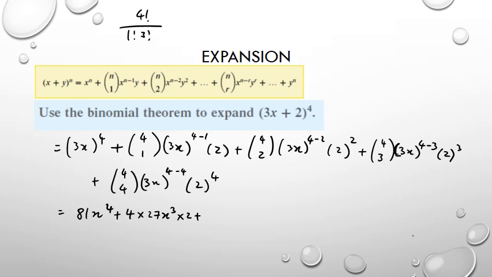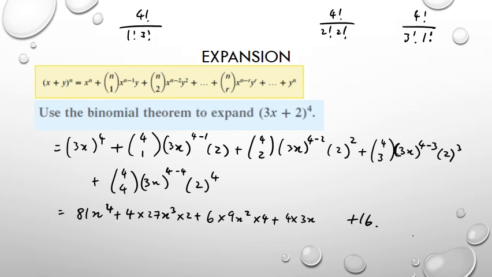Then 4C2, so we have 4 factorial over 2 factorial times 2 factorial, which then gives us 6 times 9x squared times 4. Then 4C3 is 4 factorial over 3 factorial times 1 factorial. So then we have a 4 again, 4 times 3x times 8.